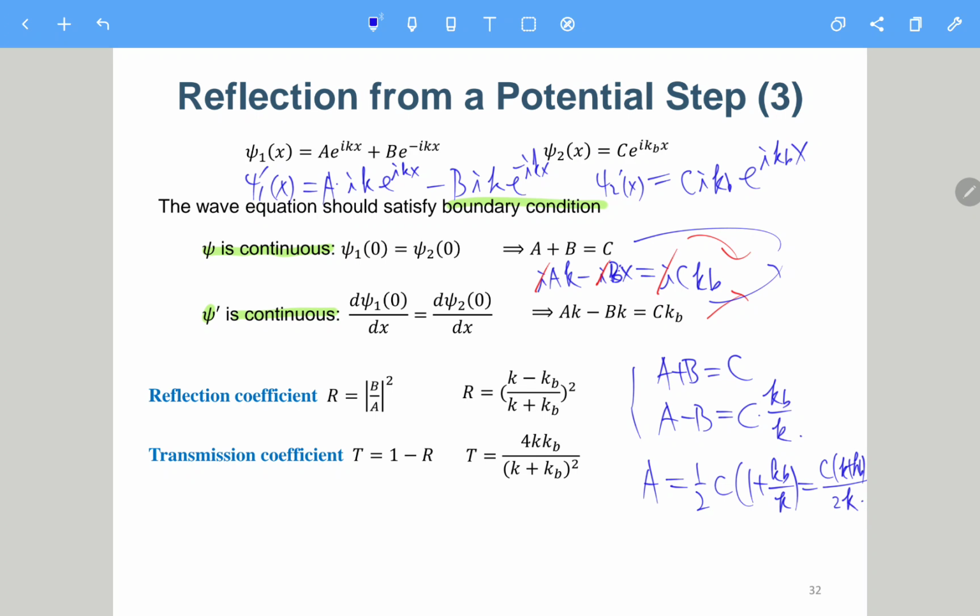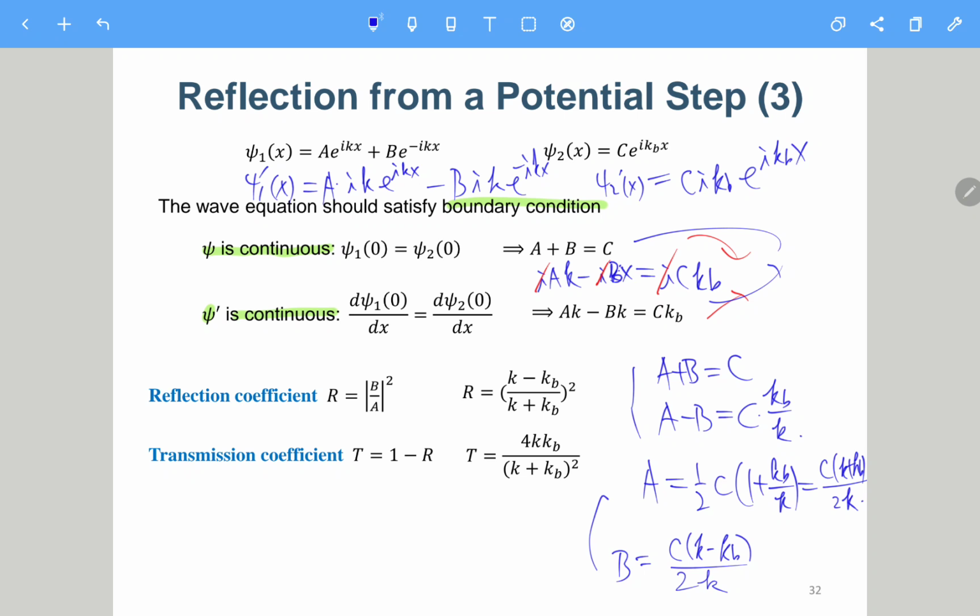And then if you subtract them and divide by 2, you will get b, because a and a will cancel. And then you will get 1/2 of c times k minus kb over k. You get these two solutions, a and b in terms of c, and of course in terms of k and kb.